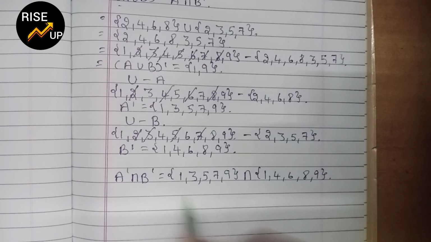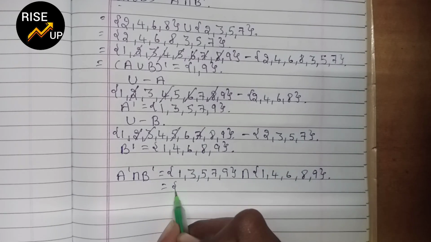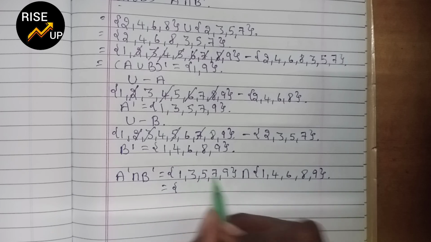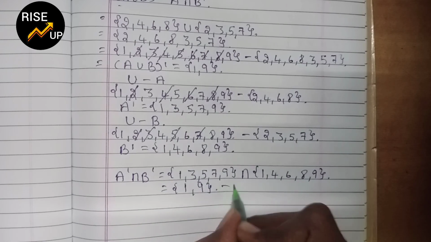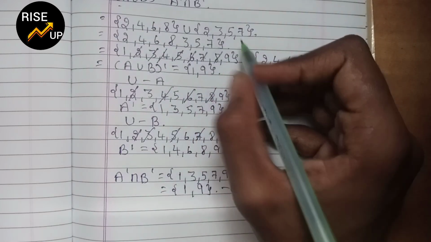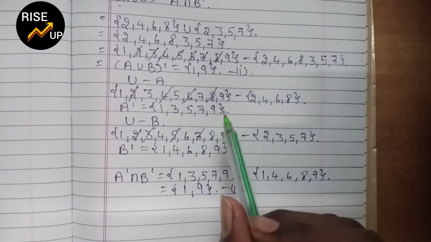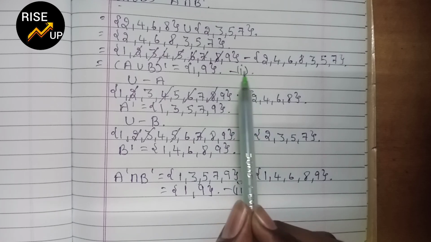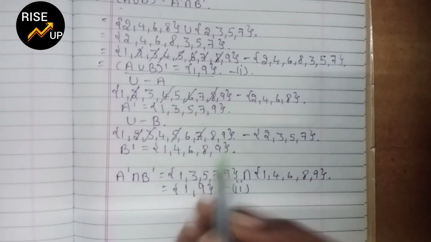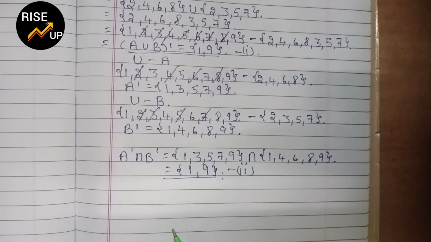After writing, intersection means you write the common elements. What are the common elements in these two sets? 1 is common and 9 is common. Now this is the second equation and this is the first equation. You can easily say that the left hand side and the right hand side are equal. Hence the first sub question is correct.